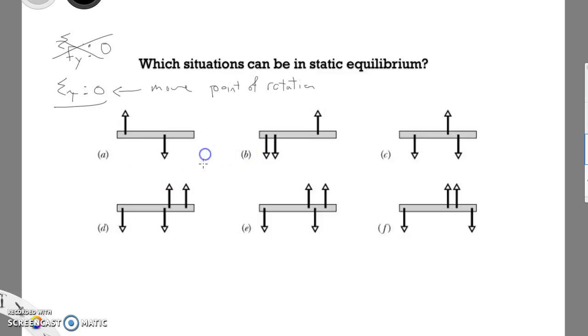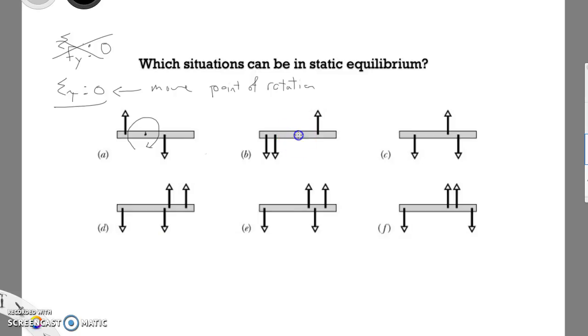Now let's go through them. The idea here is if I can pick a point about which the forces drawn would cause this to rotate, then it can't be in equilibrium. So for example, if I draw a point right here, this system is going to start to rotate clockwise because each of these forces is pulling it clockwise. The same with this example here.